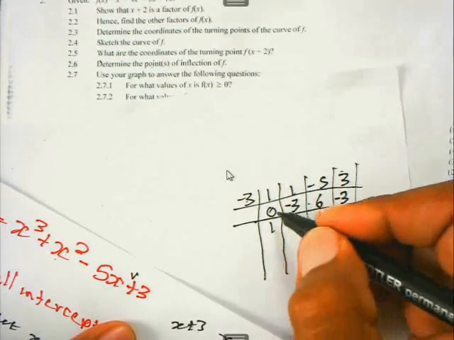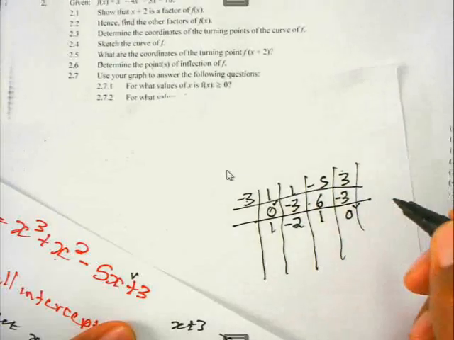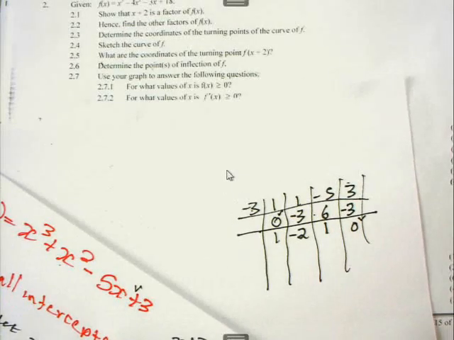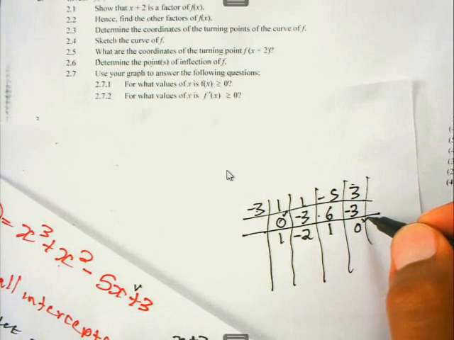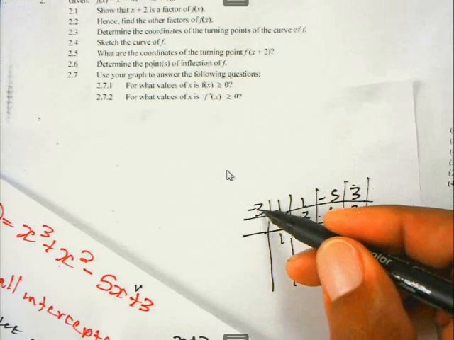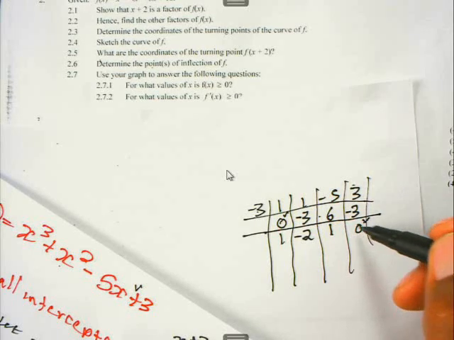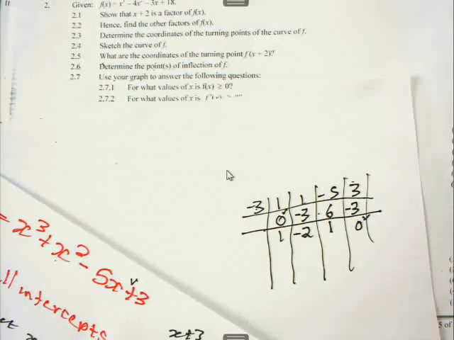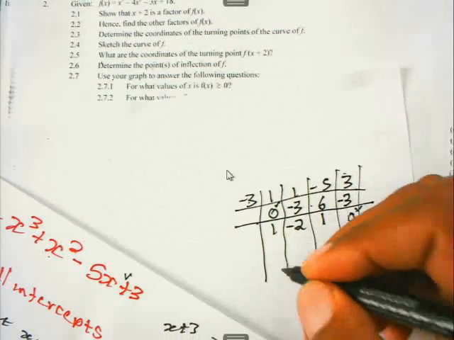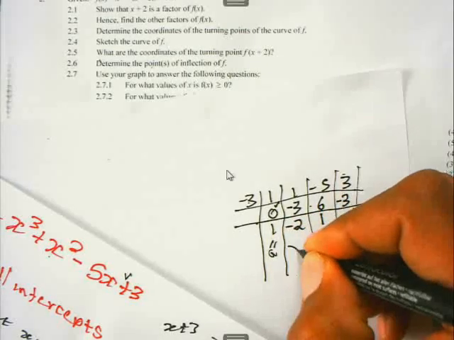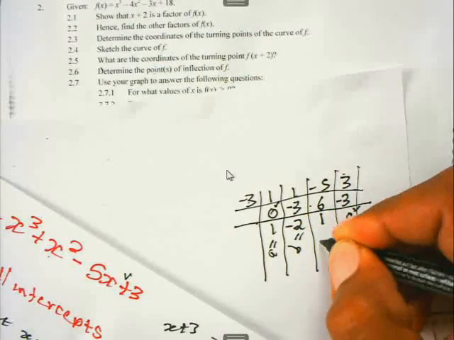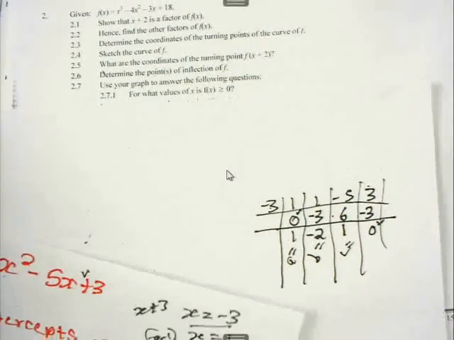Right. Boys and girls, if you can have a 0 here and 0 there, then you know that you have it correct, especially the last one here. Of course, this one we know is just to indicate that minus 3 is a factor, and this one also. If you don't get 0 here, then you must know that something is not correct. Now, then I can say, okay, A is equal to 1, B is equal to minus 1, and also C is equal to a positive 1.